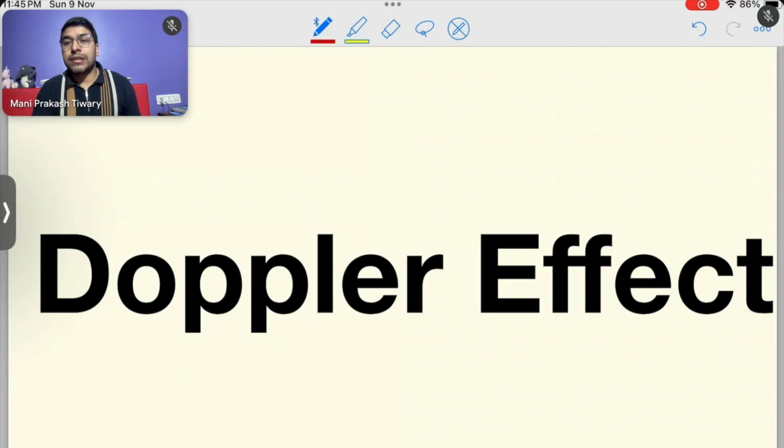Suppose nowadays a celestial object is moving, and everyone is curious whether it is an object that came from some other civilization or what. Nowadays one celestial object, I forget the name, is coming towards the earth and we are observing it. So how will we decide its speed? By the change in frequency, by the Doppler effect. That we are going to discuss later.